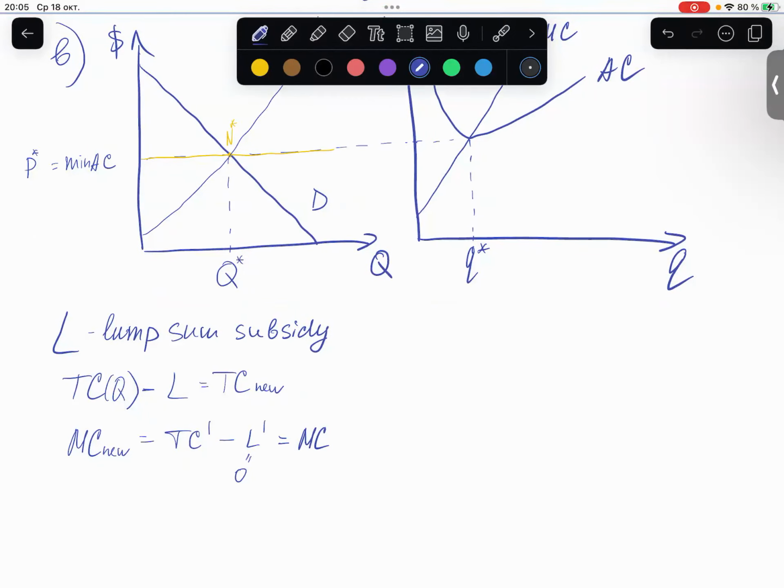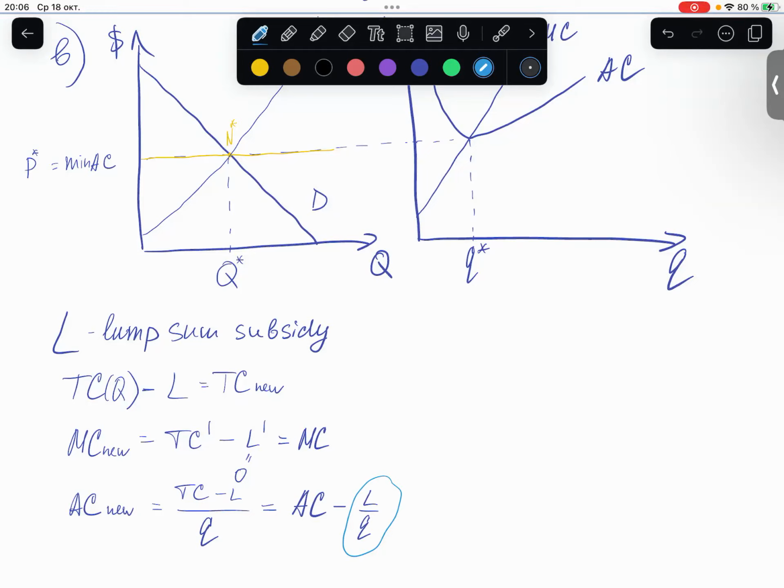But average costs will be lower. Total costs minus L over quantity, over Q. So this will be the average costs that were before minus L over Q. So we have this difference. So average costs will be lower.